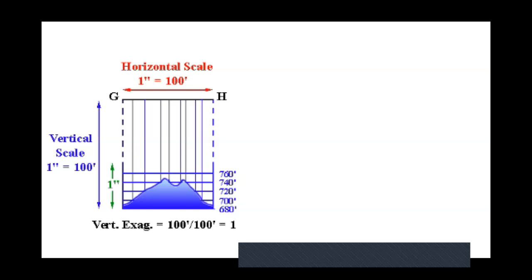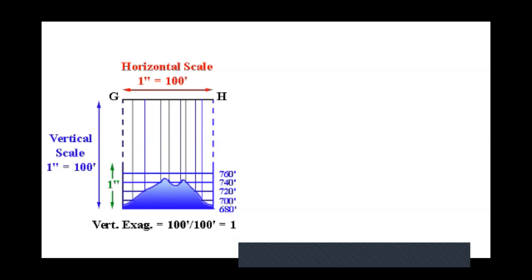And so the last thing that we can do with this is take a look at some of these gradients. And if we use the same scale on either side, a vertical scale and the horizontal scale, we don't have any vertical exaggeration. But in many cases, the Earth would look perfectly flat or perfectly rounded without showing much hills and valleys.